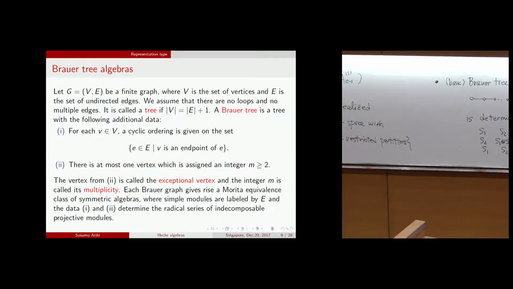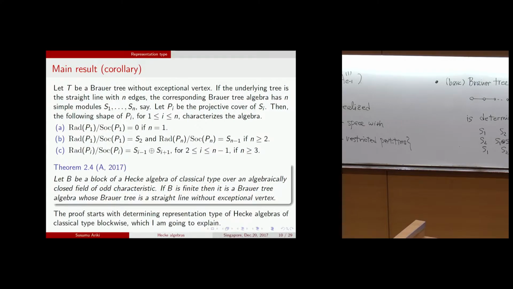So now I write to state this as the main result. It is actually a corollary of another result.